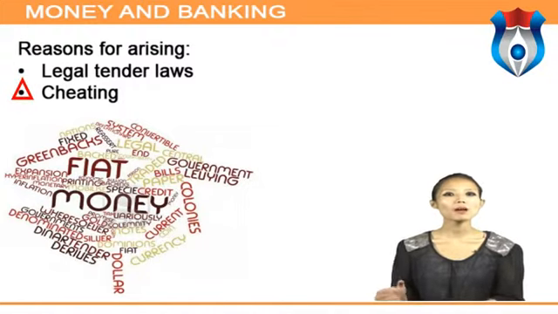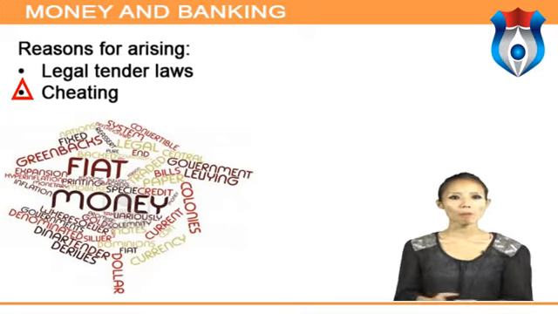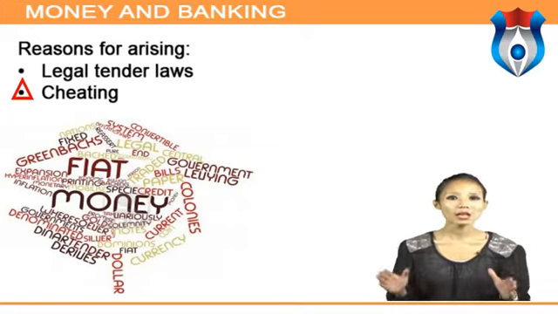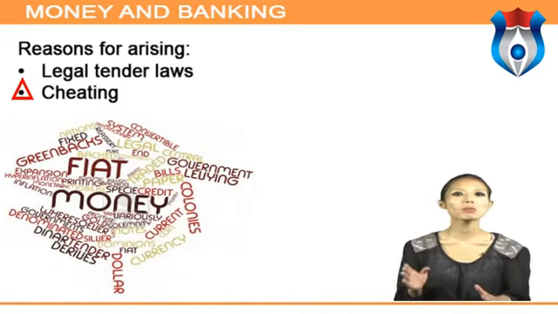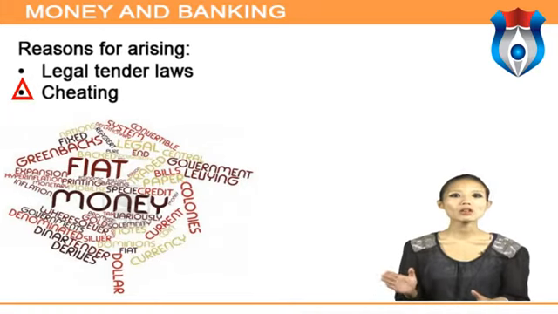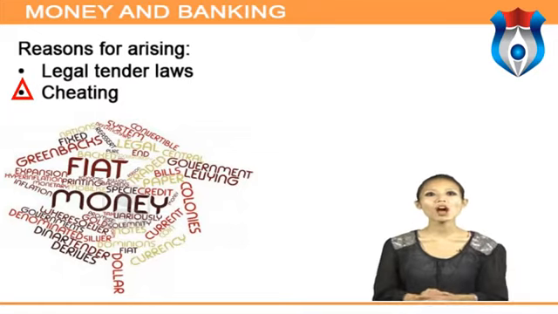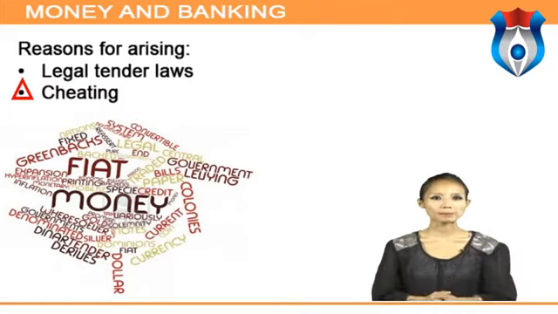Cheating: fiat money can arise if someone, either an individual or a bank, issues receipts that claim to be redeemable but in practice are not. In this case, the people believe their paper money is backed by gold or silver, but in reality it is not. This is really the crime of counterfeiting. In most nations today, both of the above are used to make sure the people only have fiat money.